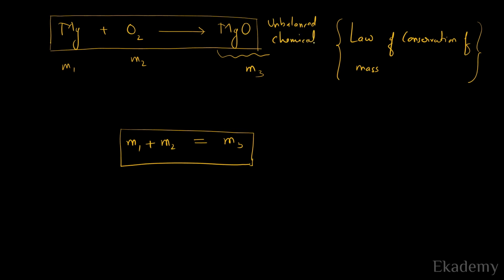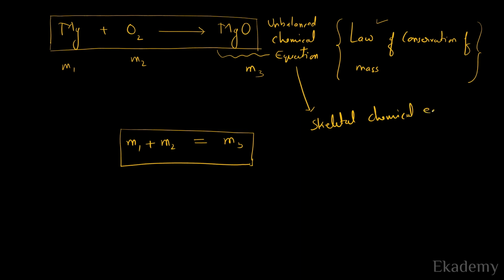We must always balance it to make it a true chemical equation, because this law is always followed. So masses must remain conserved. Total mass of reactant must always be equal to total mass of product. This unbalanced chemical equation is also known by another name, which is called a skeletal chemical equation.